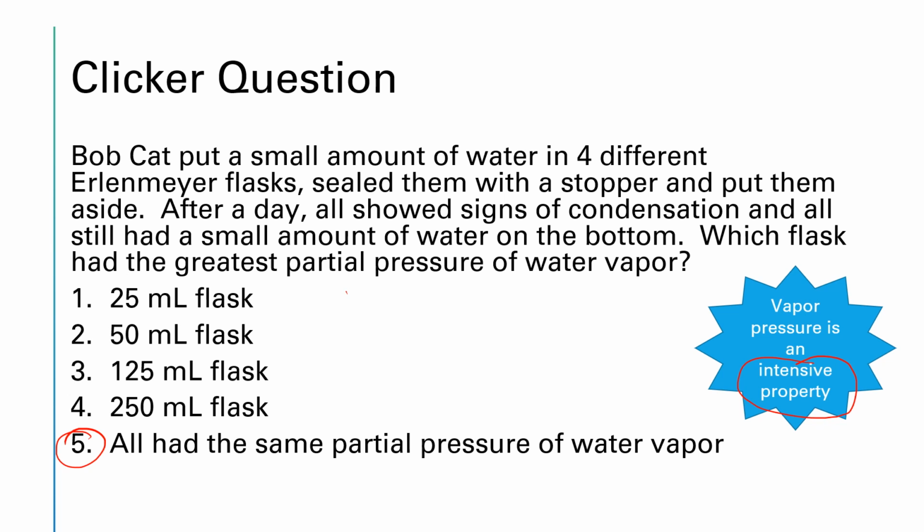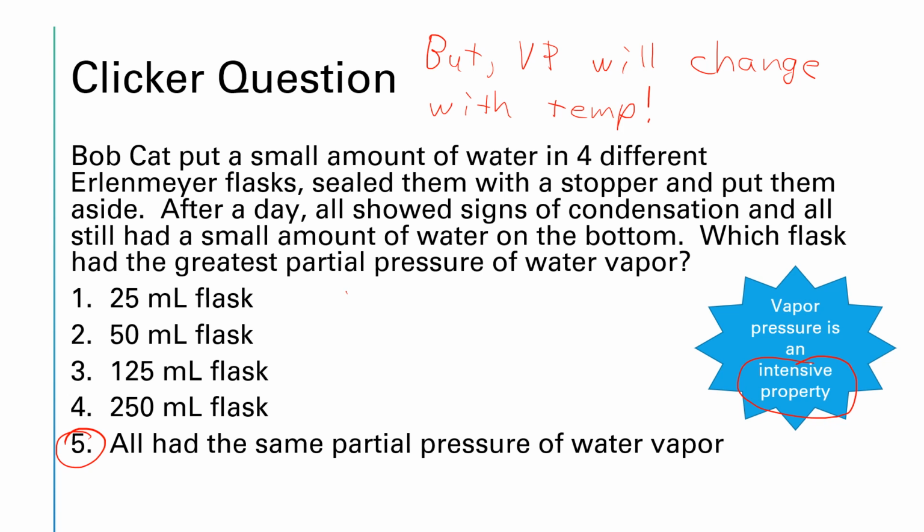So let me just put a little note up here: vapor pressure will change with temperature. Okay, so giving it different volumes to occupy, the vapor pressure will be the same in all of them. But if you start heating up one of these flasks, it's going to have a higher vapor pressure.